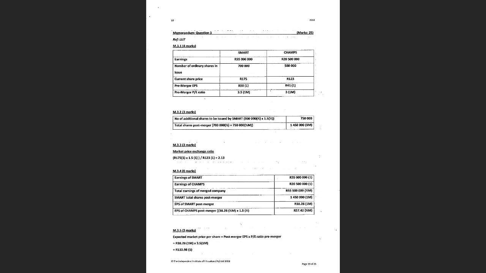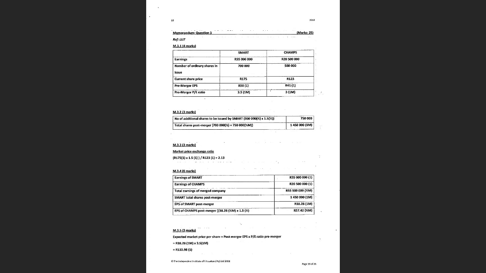Now 3.4 was calculate EPS post merger of both companies. So the earnings of each of them obviously remains unchanged, but now we've got a merged company, so we have to add the earnings together, and then those earnings are now being divided over the total new amount of shares.